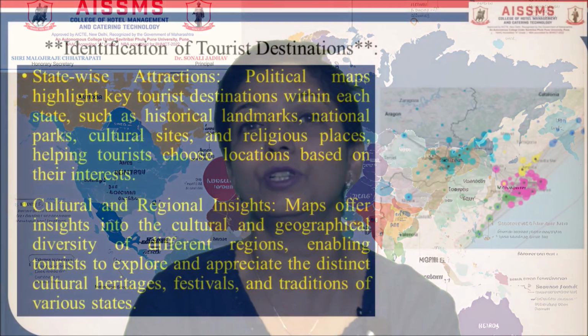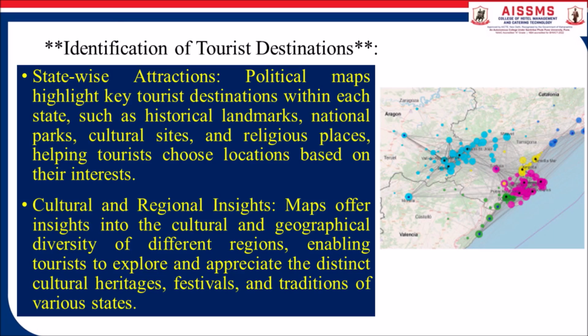Moving on, we have so far seen that political maps can be extremely helpful in navigation and route planning. The second importance for travel and tourism of political maps is the identification of the tourist destinations. So for those who are new travelers, state-wise attractions, or what culture and region-wise it is important or famous for in the particular state, can be noted through the political maps.